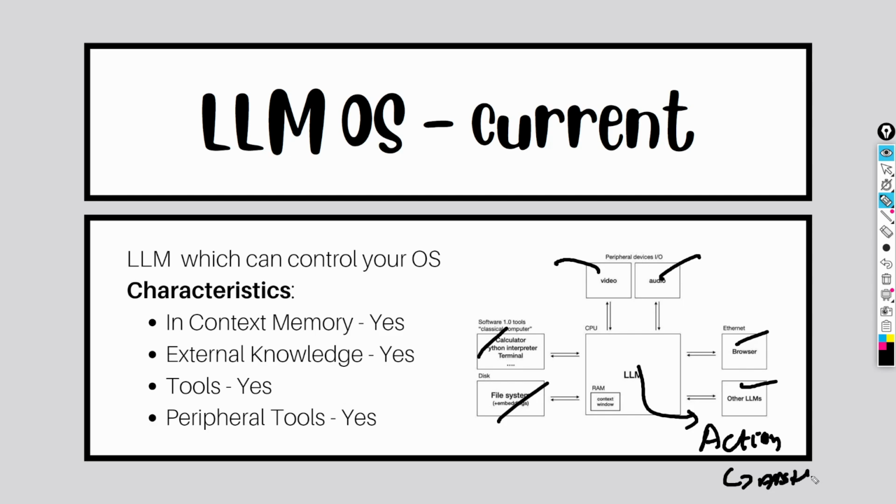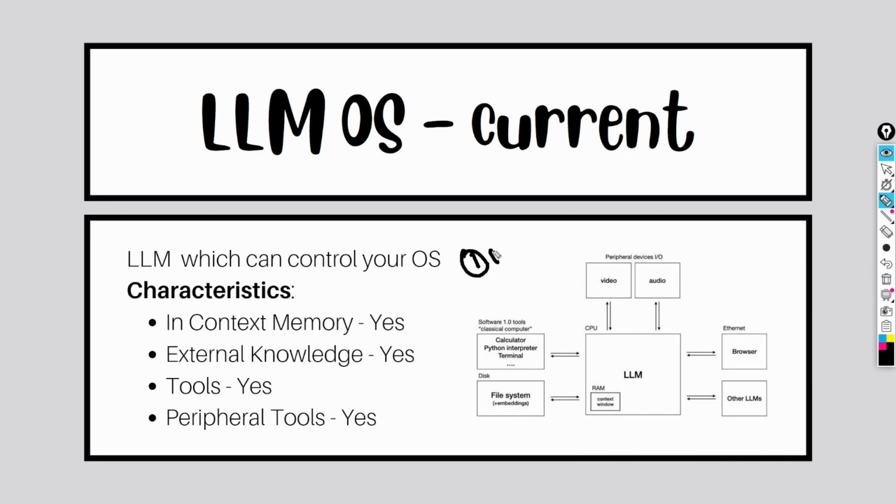If you see, this is just an extension of your agent, but there are multiple agents in here. That is one, multiple agents, and two, it has all the tools to control the OS. That is when it becomes LLM OS.